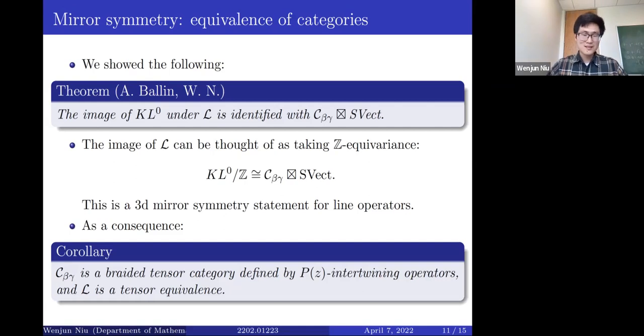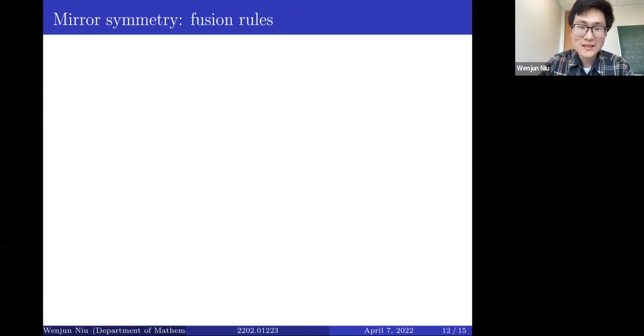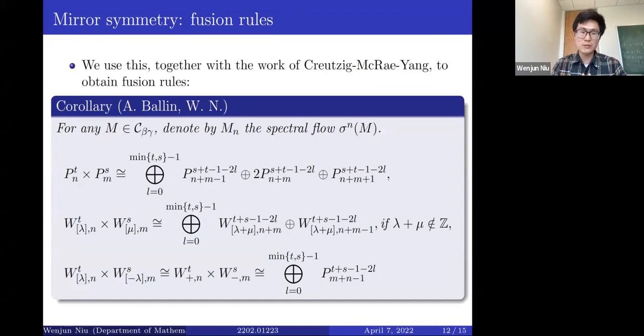Cool. So from using this, we were able to derive fusion rules, because fusion rules from the Lie superalgebra are very easy to compute. So for any element in this curly beta gamma category, if I denote by M subscript n the spectral flow of M, then I have the following fusion rules. The fusion between P's gives me just a direct sum of P's with different spectral flow.